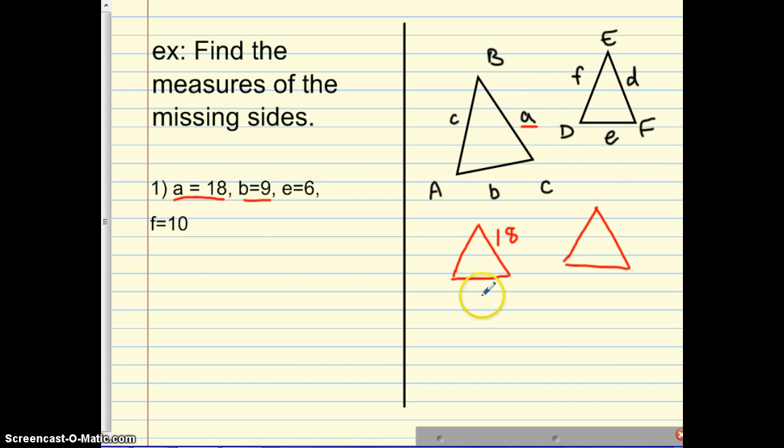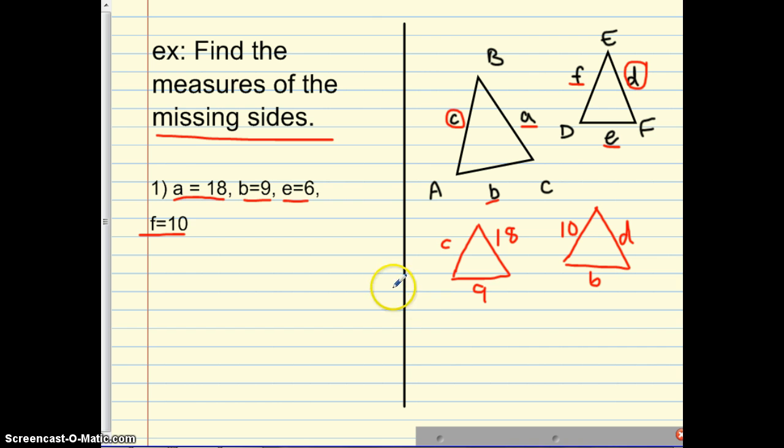B is 9, so put a 9 right here. We know E is 6, so put a 6 here. And we know that F is 10, so put a 10 here. We are finding missing sides, so the side that we don't have is C over here, and the side that we don't have on this triangle is D up here.